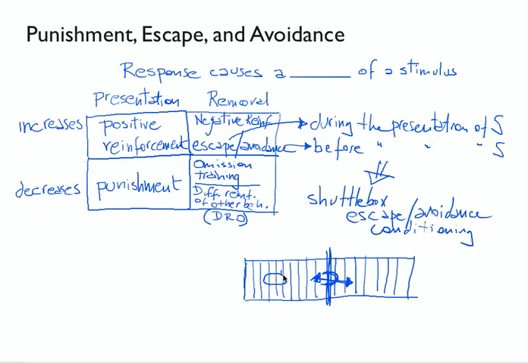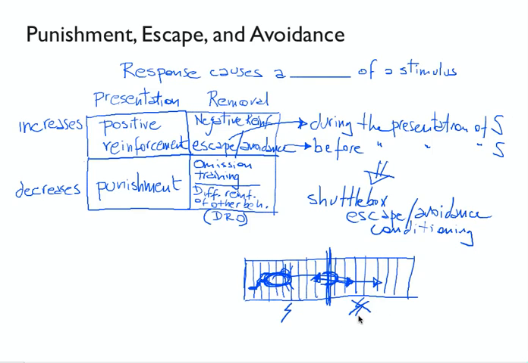And so this is your animal, seen from above. It's a rat, so it has a tail, right, and whiskers. You present foot shock on this side, and what you'll see is that the animal runs to the other side where there is no foot shock.